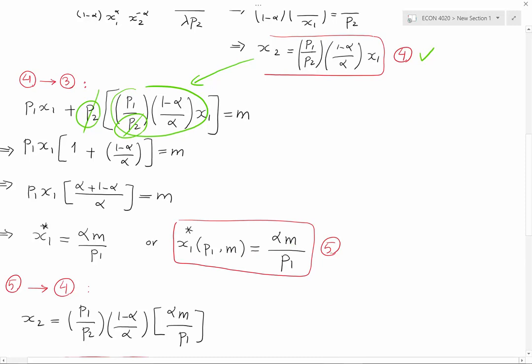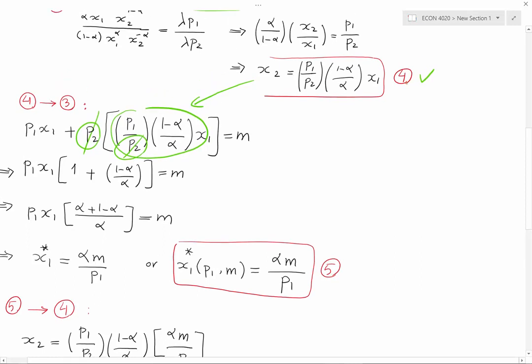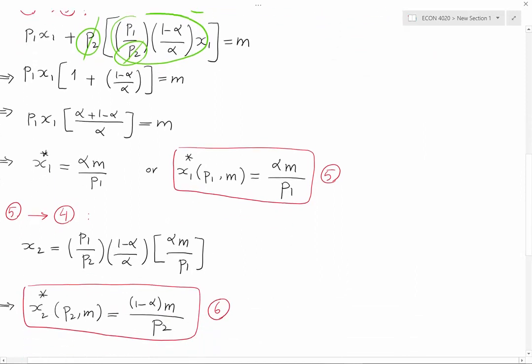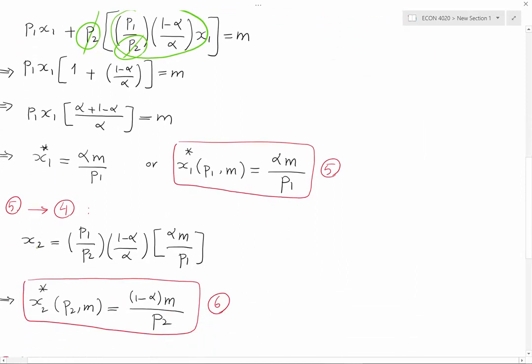We can substitute equation number 5 into equation number 4 here. So in equation number 4, x2 is equal to p1 over p2, 1 minus alpha over alpha times x1.